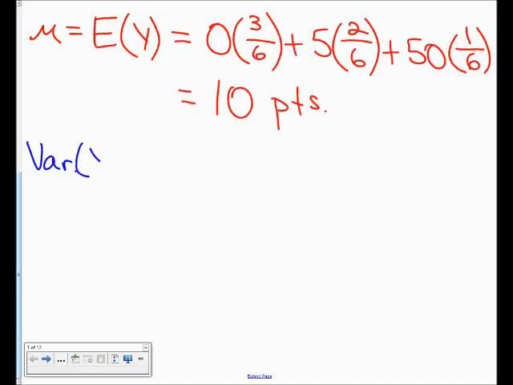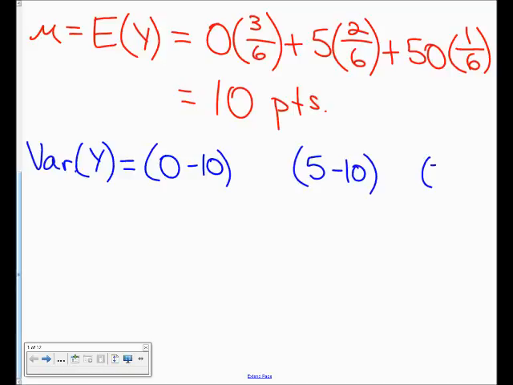But for the variance of our variable Y, we need to find the distance from our expected value for each of these. So 0 minus 10, 5 minus 10, and finally 50 minus 10.